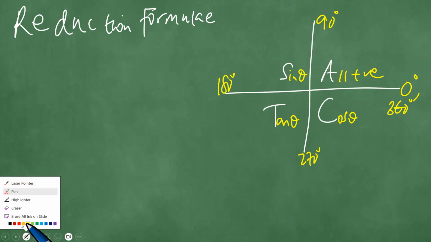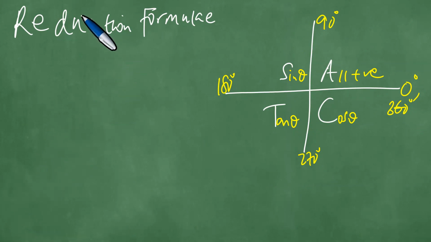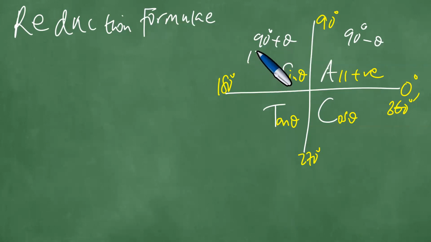So now what we have here is 90 degrees minus theta. If you have this, then you want to go back to the first quadrant, so you use 90 minus. But to move here, you have 90 degrees plus, and you also have 180 degrees minus.